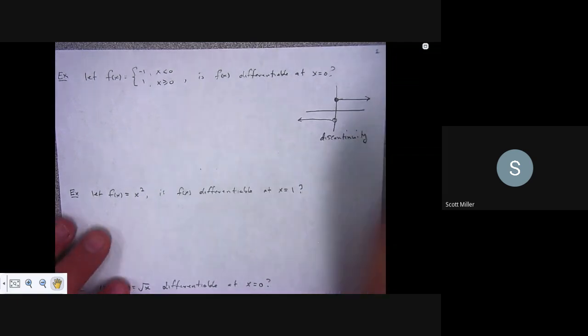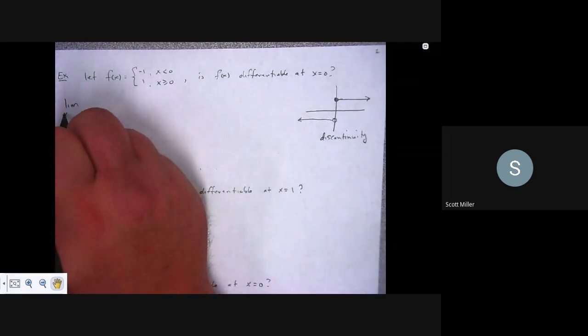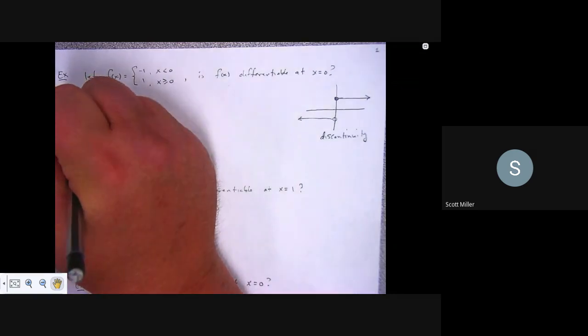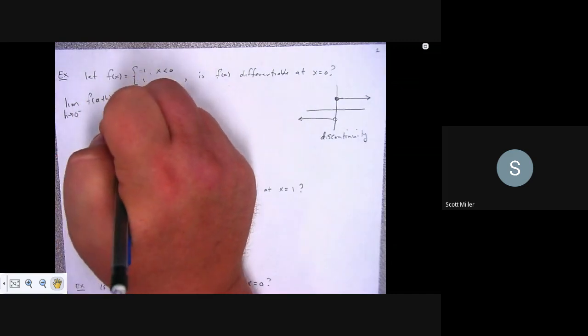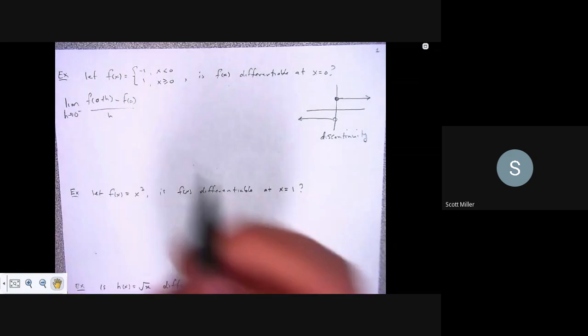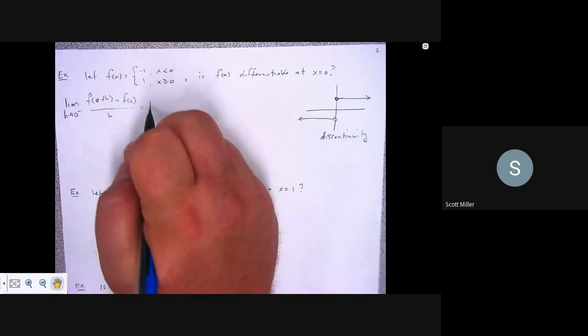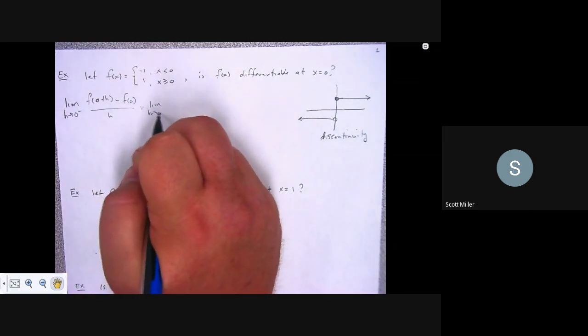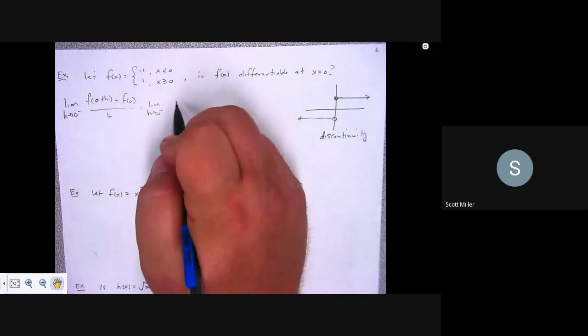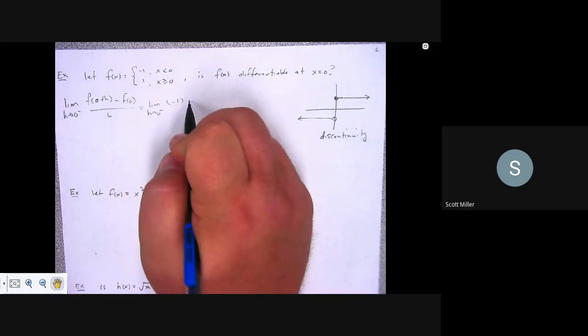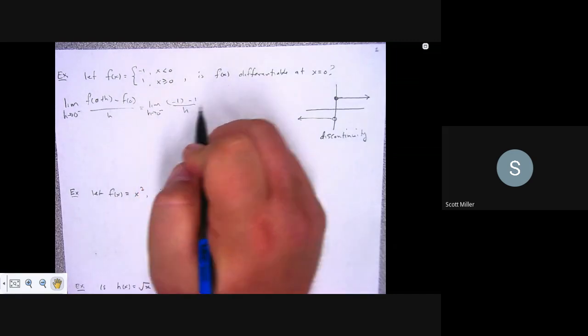All right. And so you can see as I go through this and show you that it's not differentiable here. I think I used the other form on this one. So we're going to do the limit as h approaches 0 from the left, and we're going to use f of 0 plus h minus f of 0, all over h. And so this is the limit from the left. This right here is going to be -1 minus 1 over h.